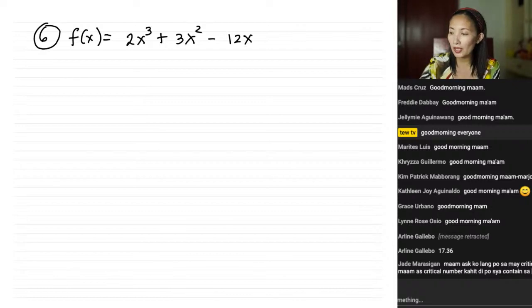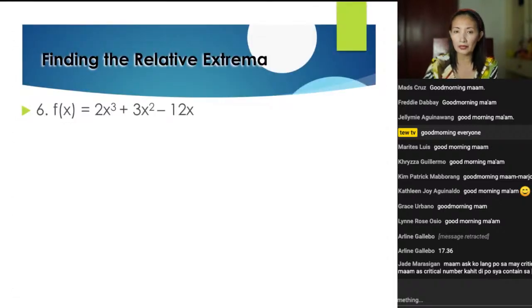We're now moving on to problem number 6. First thing we have to do is to identify the critical numbers. How different is this from the previous? We did not specify an interval anymore, but rather we will identify the extreme values, or should I say the critical numbers.